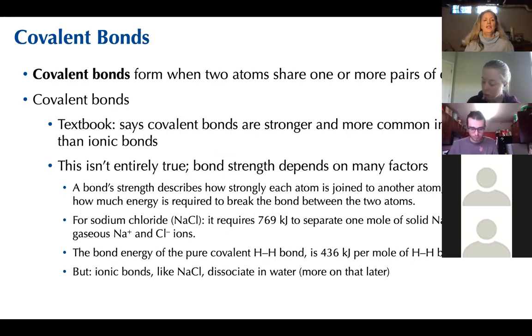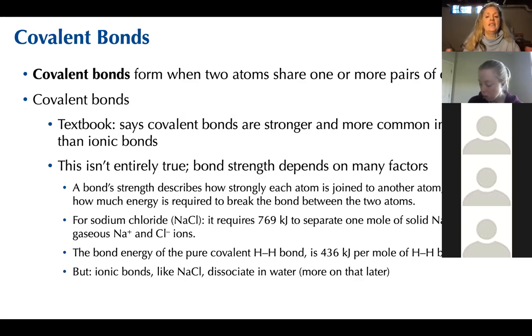All right, so let's move on to covalent bonds. Our covalent bonds form when atoms share electrons rather than one giving, the donor. And as I said, the textbook will tell you that covalent bonds are stronger, but it's just that covalent bonds don't break apart when you put them in water, or dissociate into the separate ions the way that a salt or ionic bond like sodium chloride does, all right?